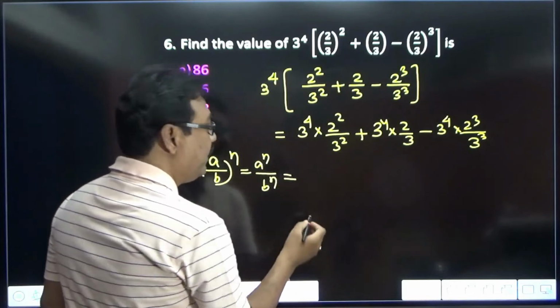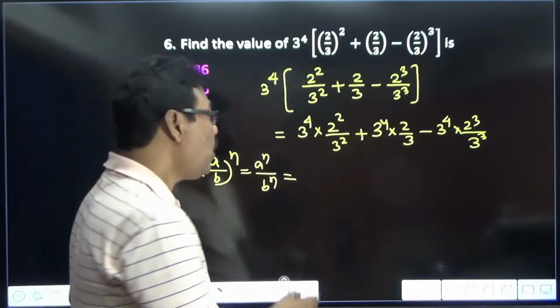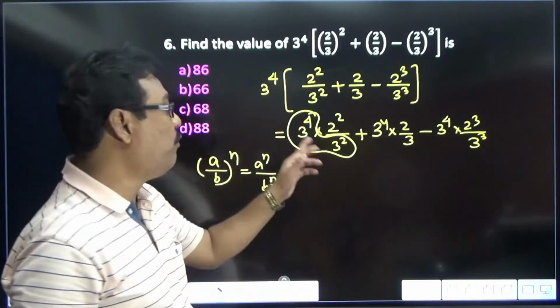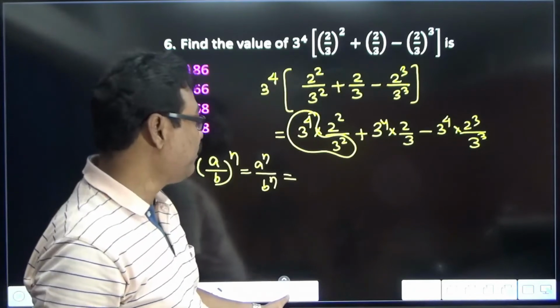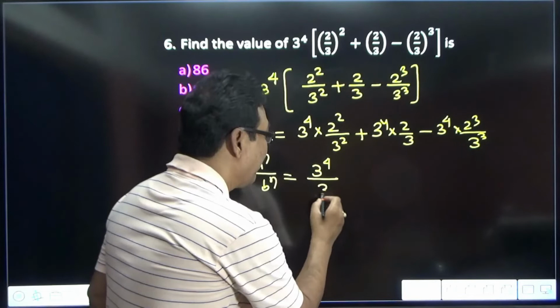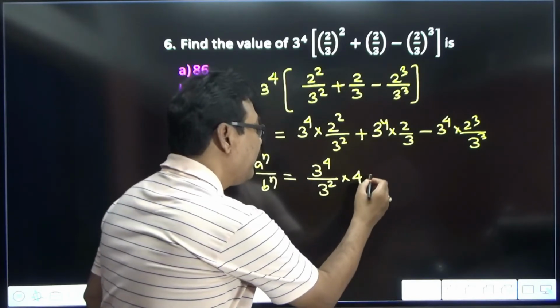You can see these get cancelled, 3 square, or else you can think of it like this: 3 to the power 4 by 3 square into 2 square. 2 square is 4, we know that. Let us write that one.